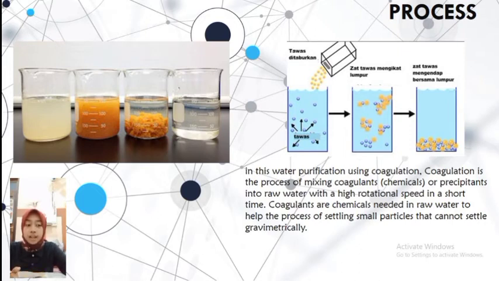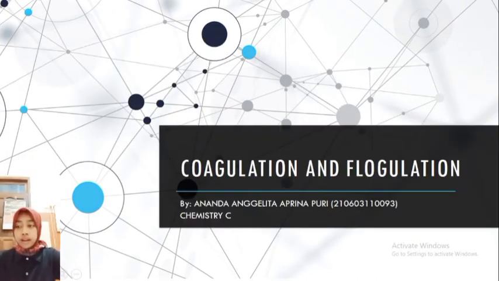Coagulants are chemicals needed in raw water to help the process of settling small particles that cannot settle gravimetrically. And next, what is coagulation and what is flocculation? We know that coagulation is the process of mixing coagulants into the raw water with high speed in a short time.